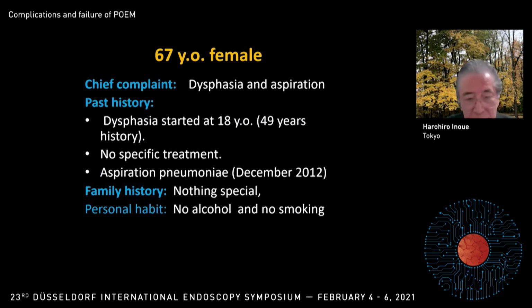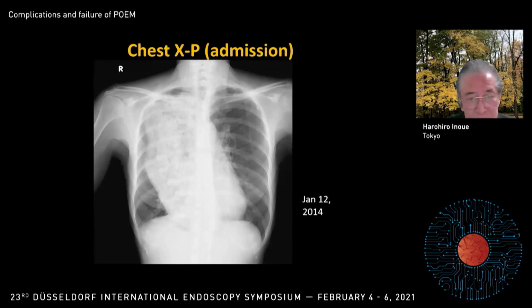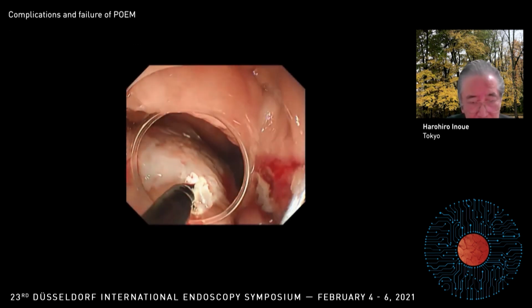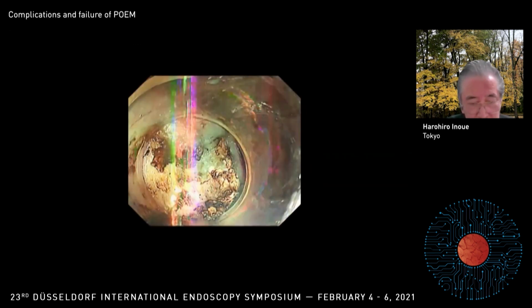Finally, I would like to show you a very impressive case. The patient was over 67 years old with a mega esophagus, and the dilated esophagus was filled with lots of debris. We performed the POEM procedure.